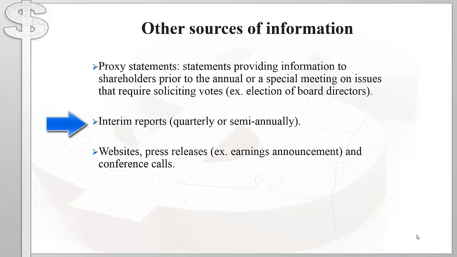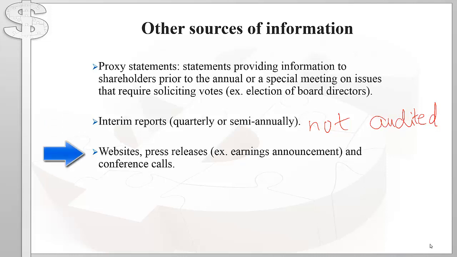Public companies also provide interim reports, generally on a quarterly basis, to discuss their performance. However, unlike the annual financial statements, these quarterly reports are typically not audited. Public companies also issue press releases and arrange conference calls to discuss their earnings with analysts.